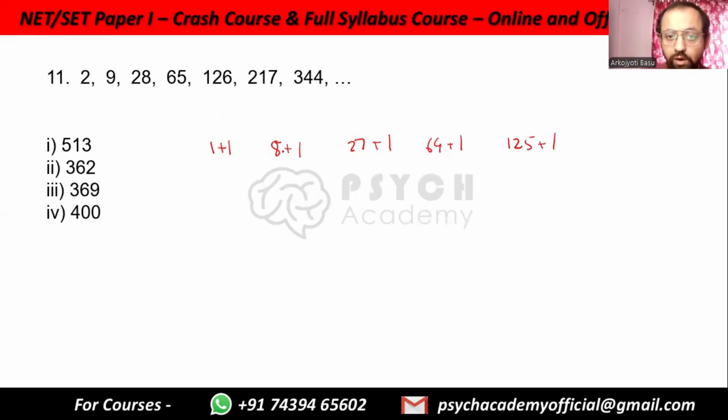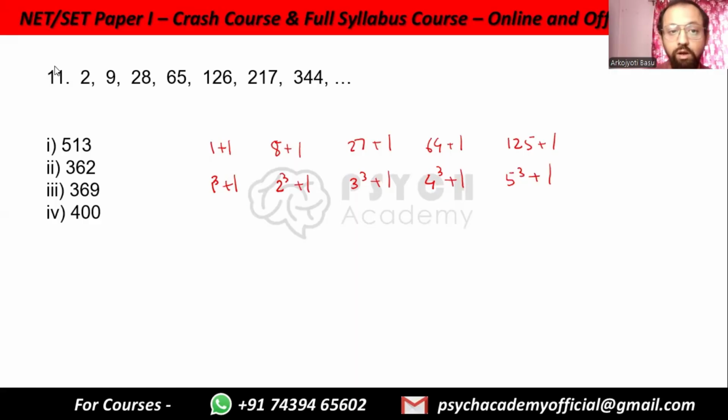So what are these? 1, 8, 27, 64, 125. Immediately identify it as a cube series, which would happen if you remember the cube series. That is 1 cube plus 1, 2 cube plus 1, 8 is 2 cube, 27 is 3 cube, 64 is 4 cube, we just did it, 125 is 5 cube plus 1.